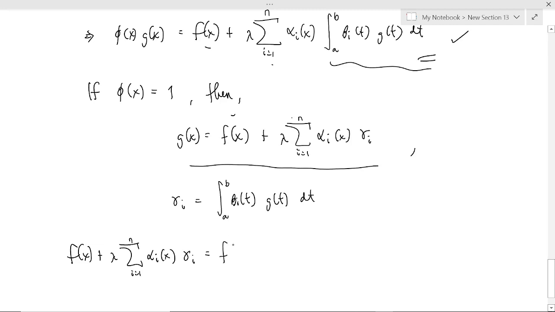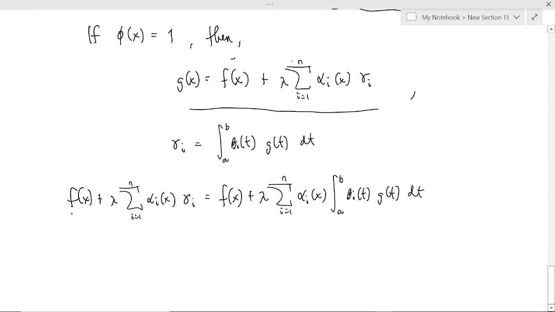So this is actually just f of x plus lambda times the sum, from 1 to n, of alpha i of x times the integral from a to b of beta i of t, g of t dt. We just equalize this one, just to show that indeed they are equal.